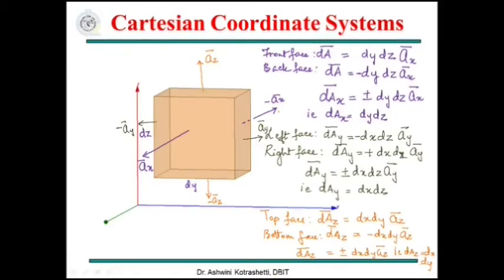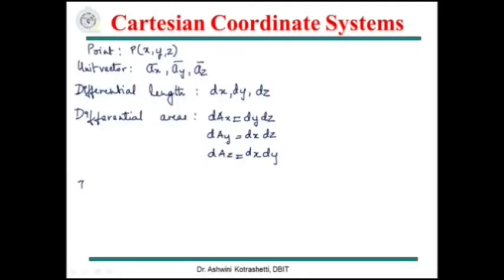So what will be the volume? The differential volume is nothing but the product of the three differential lengths. So differential volume is given by dV, which is equal to dx into dy into dz.